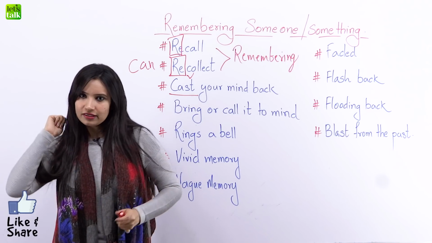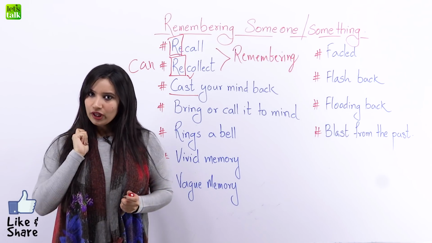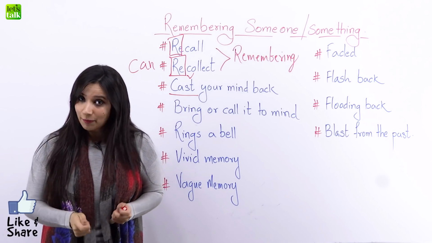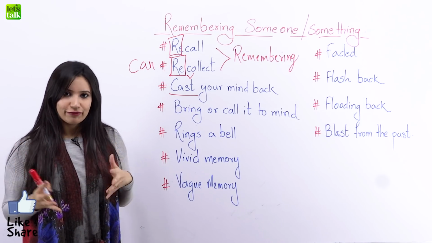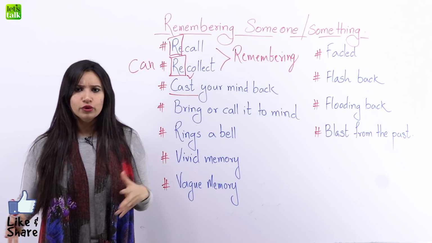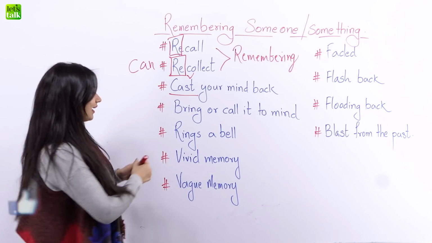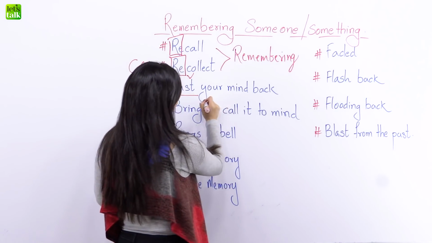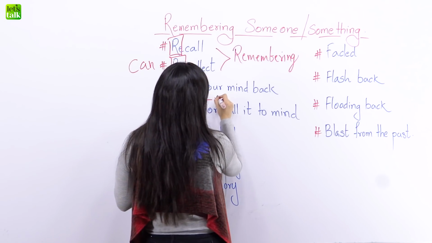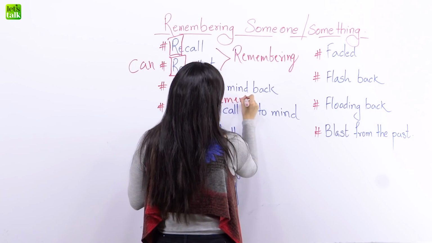But it's not easy to cast a net. The same way, it's not easy to cast your mind back. We require effort. So whenever you have to put in some effort to remember about someone, you say, cast your mind back. So remember with an effort.